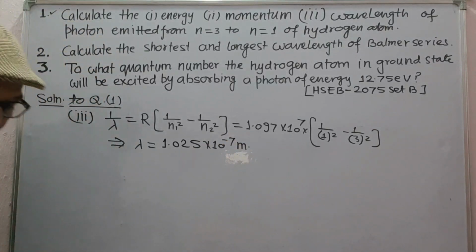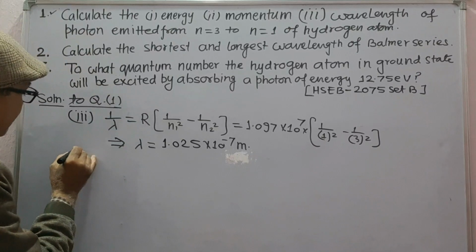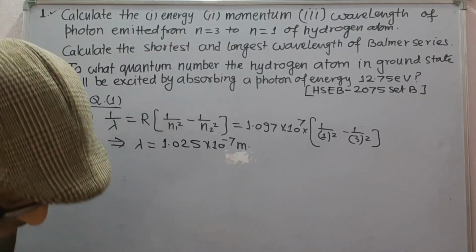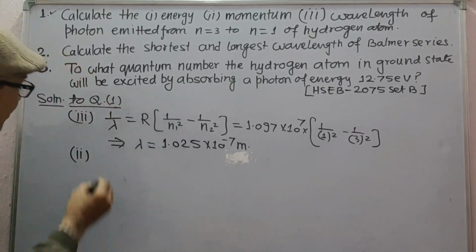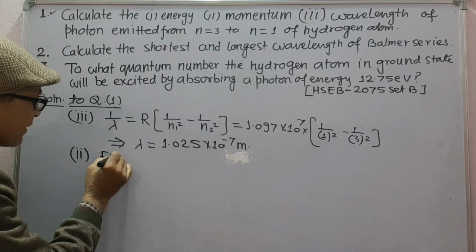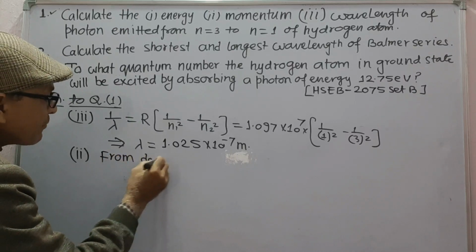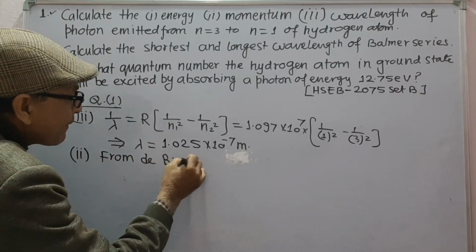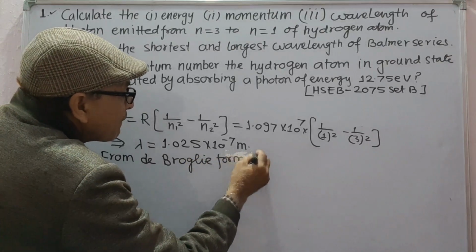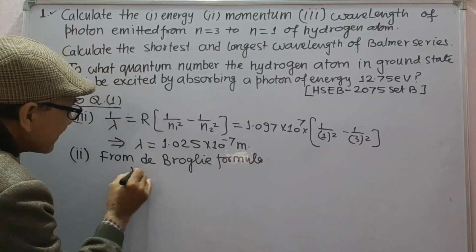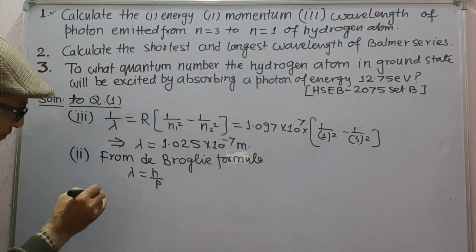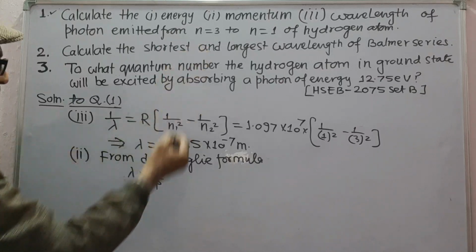Now come to the second part. Lambda is equal to h upon p from de Broglie formula. So we have to find the momentum.